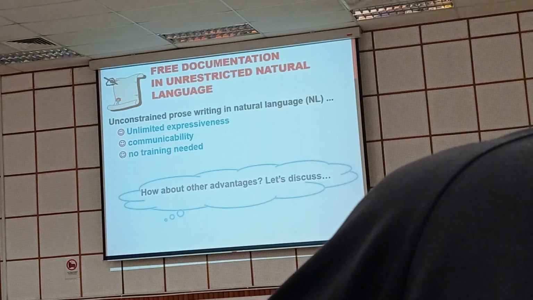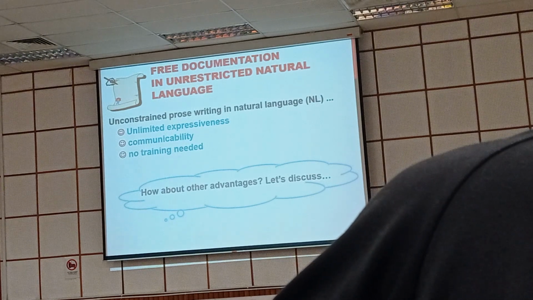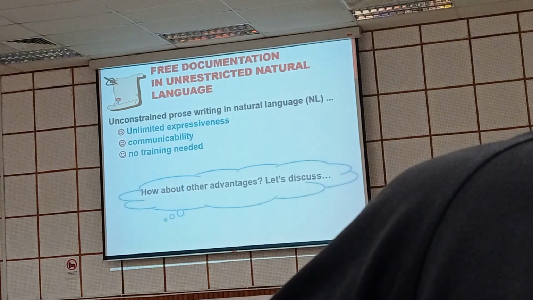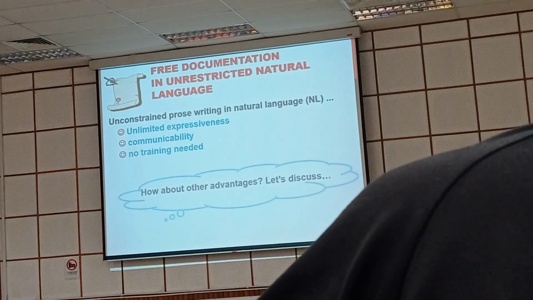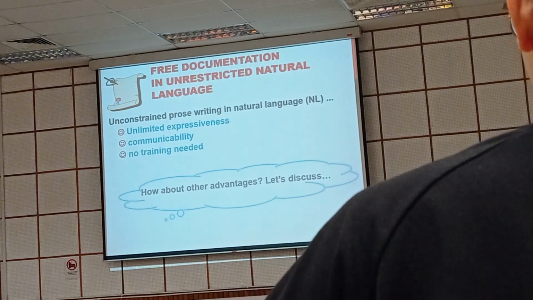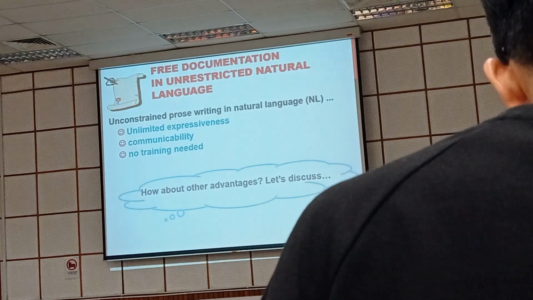How do you describe natural language when used in writing requirements? It has unlimited expressiveness. You have no limit. You can use any word you want to come up with the requirement, so when the user tells you the requirement, they can just use any word. Then communicability: it is easier to communicate, because when I use natural language, I'm not restricted.